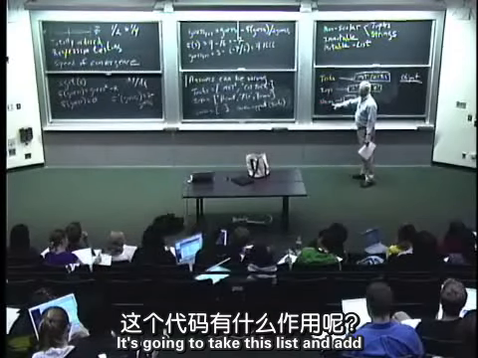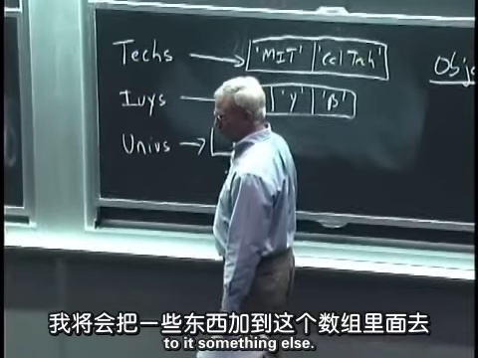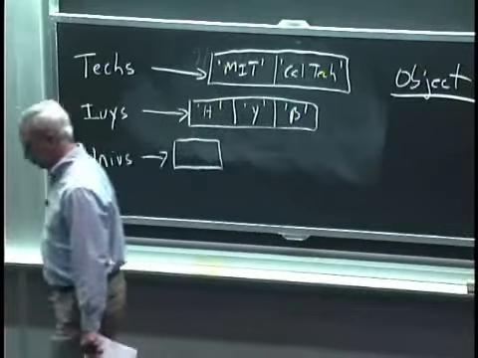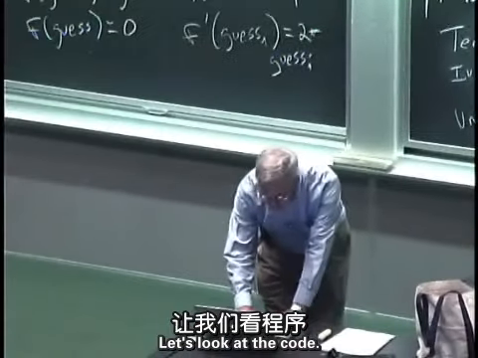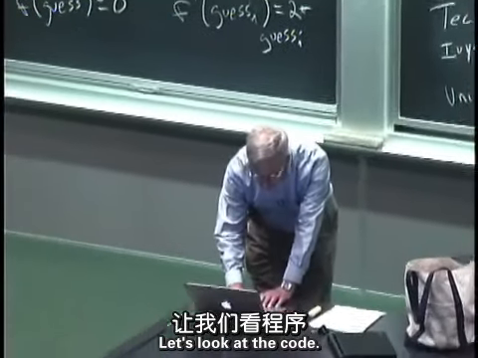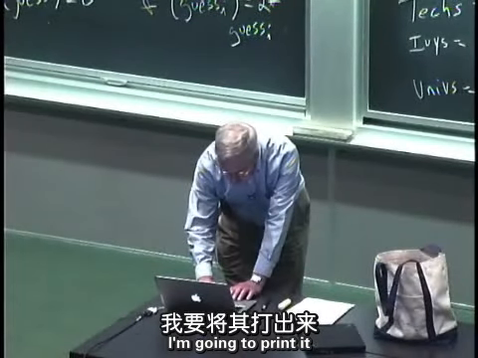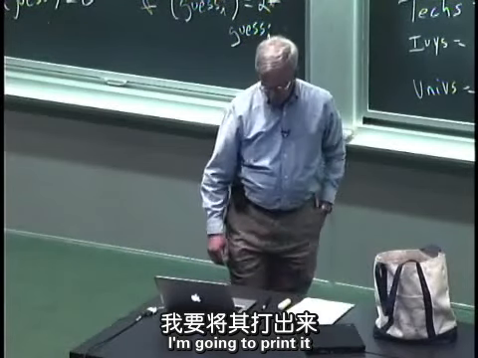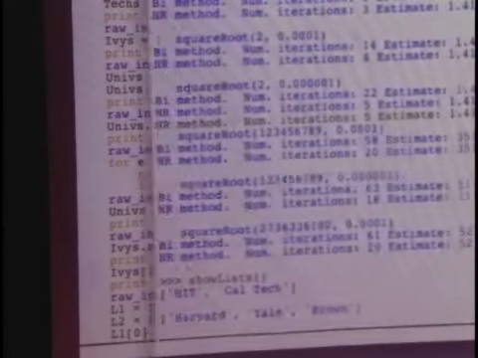It's going to take this list and add to it something else. Let's look at the code. And I'm going to print it, and let's see what it prints. It's kind of interesting.